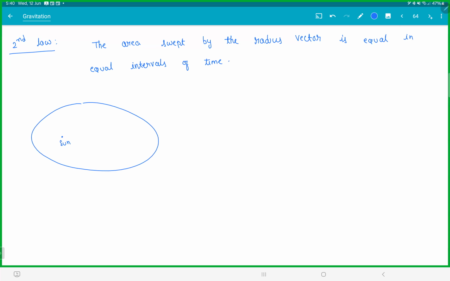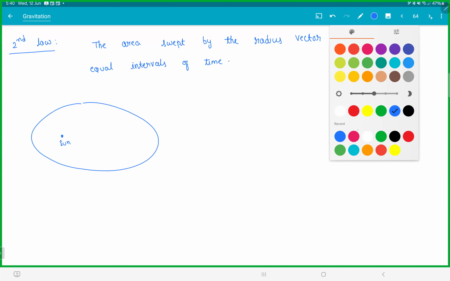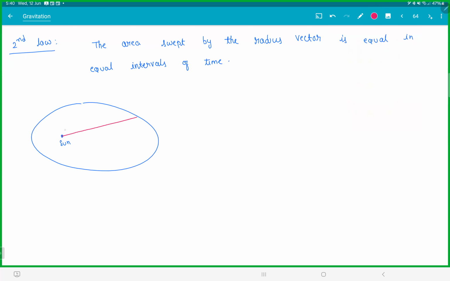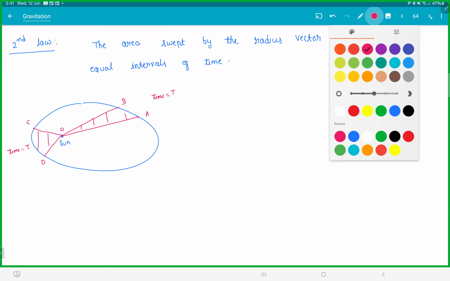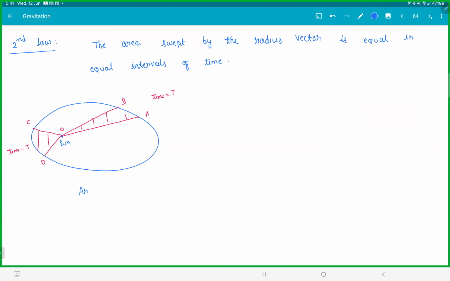Meaning, if you take the sun here, let's say from here to here, it took you time t. And in the same time, you would have gone from C to D also. So the second law says this area OAB is equal to area OCD.